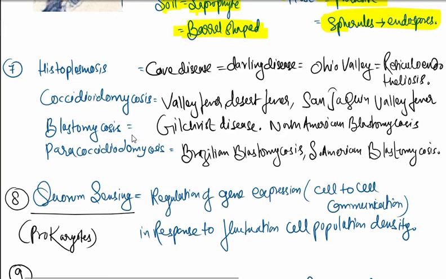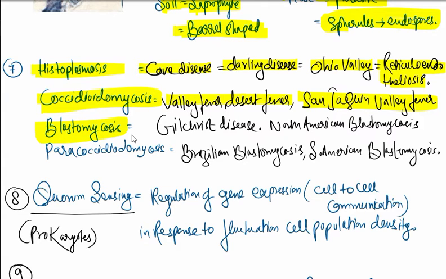Next one, some different names of these conditions. So histoplasmosis: cave disease, Darling disease, Ohio Valley disease, and reticuloendotheliosis. All of them are the same. Coccidioidomycosis is also known as valley fever, desert fever, San Joaquin Valley fever.